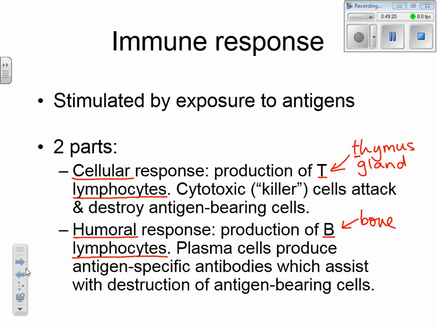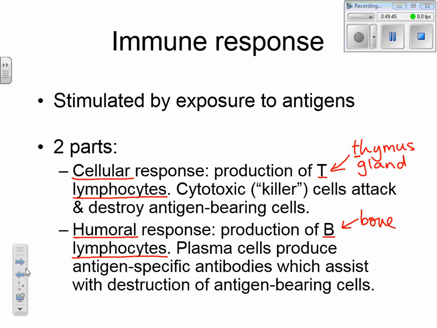Now, a clone is many copies of something. And the cells that they produce are called plasma cells. So once we've triggered the production of B lymphocytes, they then produce this clone, in other words, massive numbers of identical cells called plasma cells. And it's the plasma cells that make the antigen-specific antibodies.